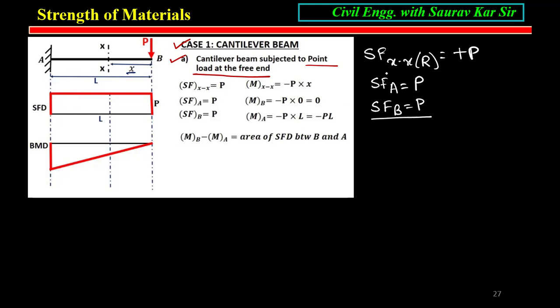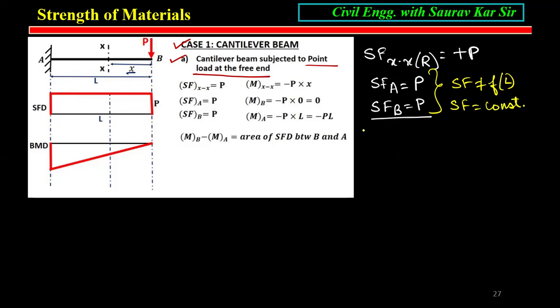Throughout the section, we can see it is not a function of distance. The shear force is not a function of the length. So shear force is constant, the same load P.